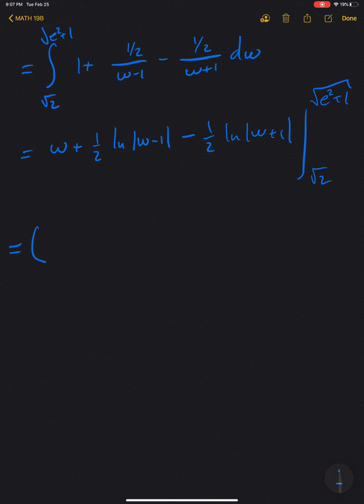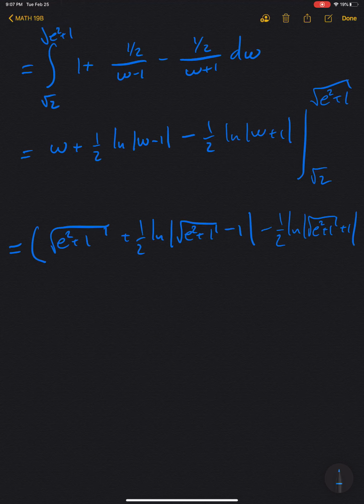That means that this ends up being the square root of e squared plus 1, plus 1/2 natural log of the square root of e squared plus 1 minus 1, minus 1/2 the natural log of the square root of e squared plus 1 plus 1.